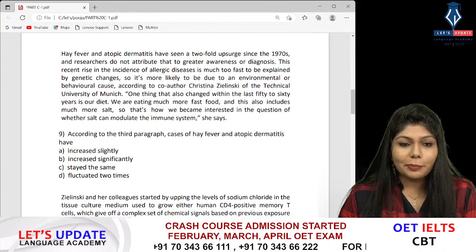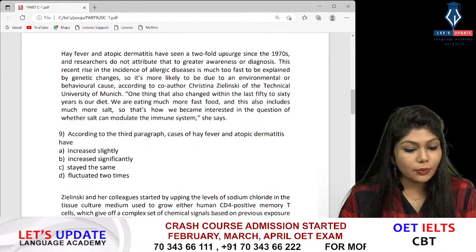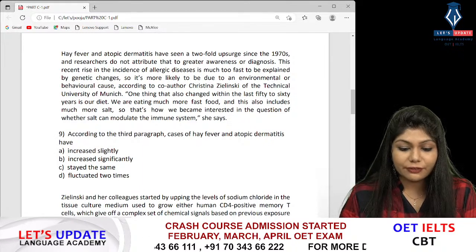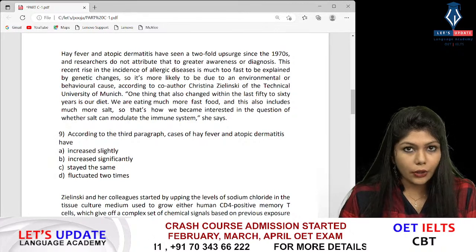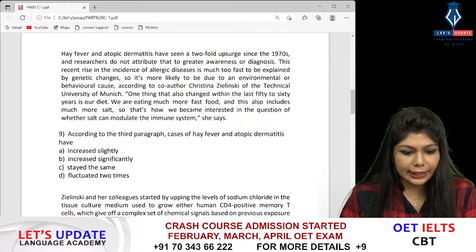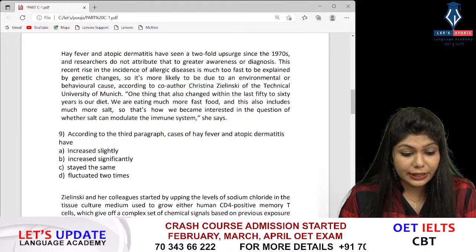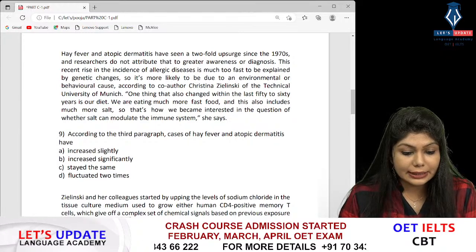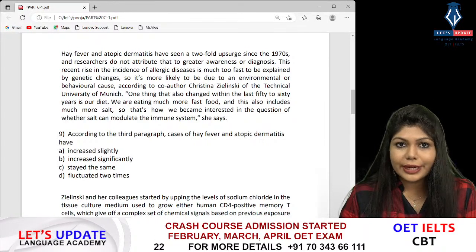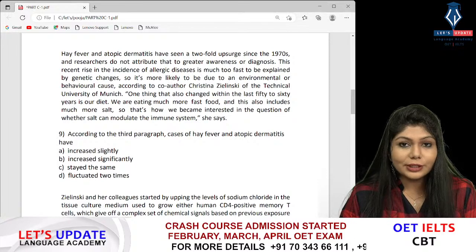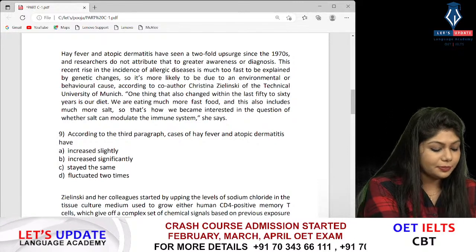So that's the paragraph, and our question was, according to the third paragraph, cases of hay fever and atopic dermatitis have. The options are A, increased slightly, B, increased significantly, C, stayed the same, and D, fluctuated 2 times. So what do you think your answer is? Please feel free to put in your answers in the comment section.